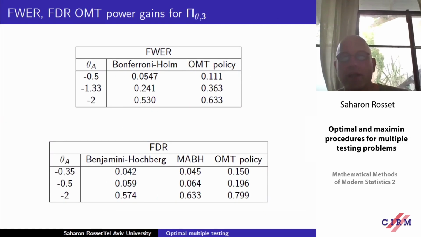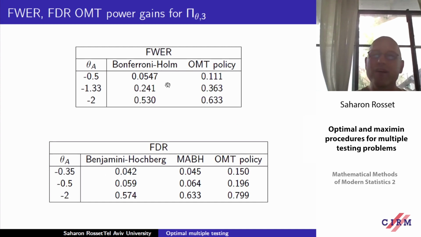Here is what we get in terms of power increase. Under our selected objective, pi3, we compare, under family-wise error rate control, the power of Bonferroni-Holm to the power of our optimal multiple testing policy.